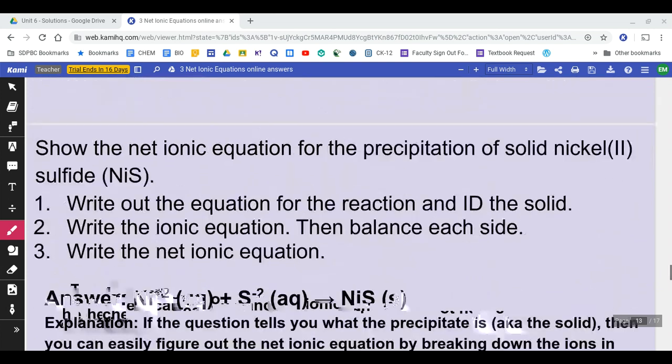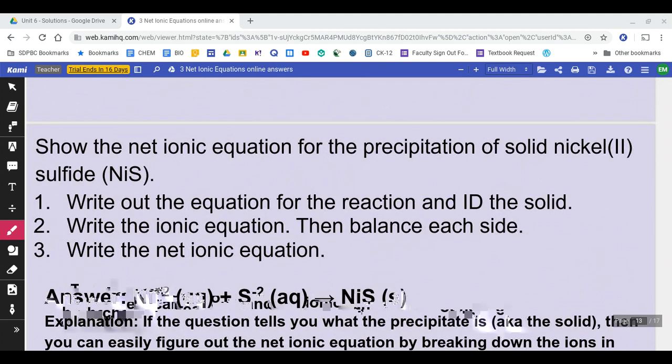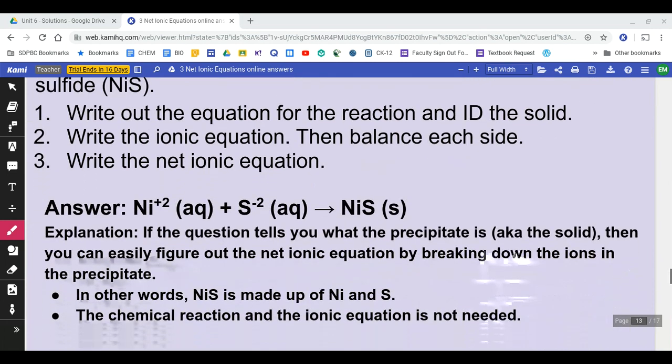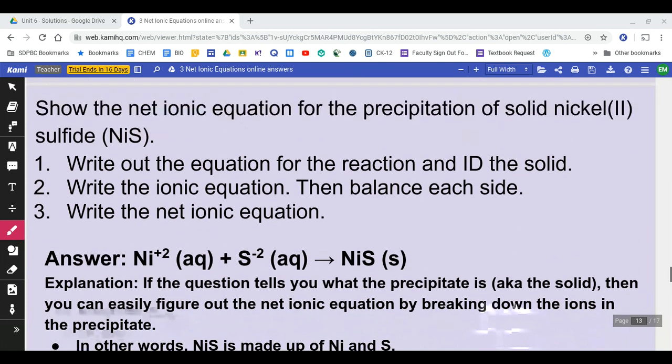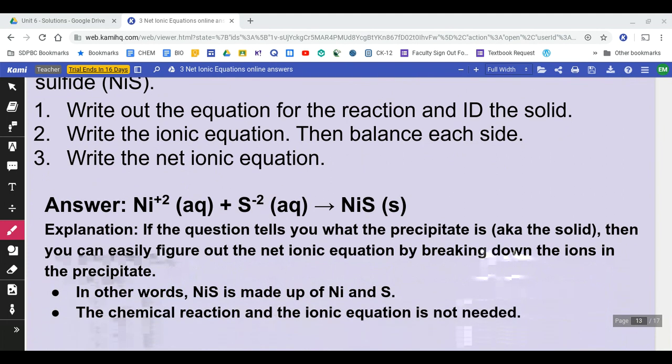They tell us NiS is the solid made. So really, just using some logic here, nickel plus sulfur makes NiS, or nickel sulfide. That's your net ionic equation right there. So in a question like this, where they tell you what the precipitate is, you actually don't have to do the steps that we did earlier.